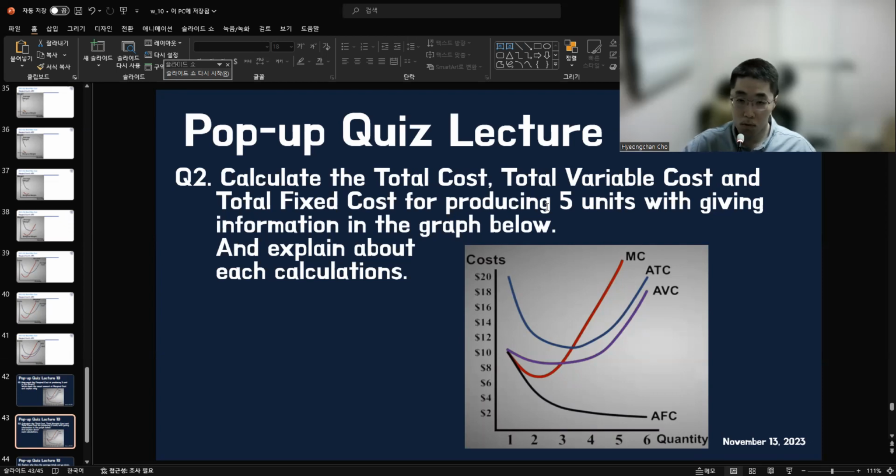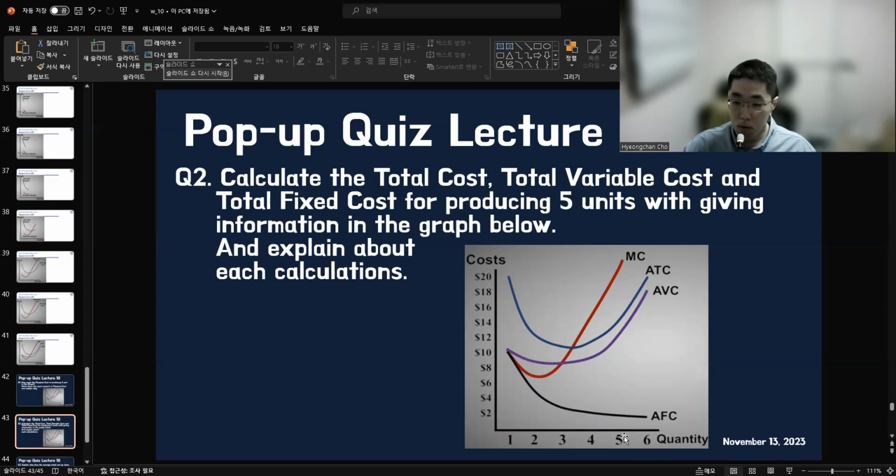So first, for calculating total cost, you must find the average total cost, the average cost for each given unit. The given unit is 5.